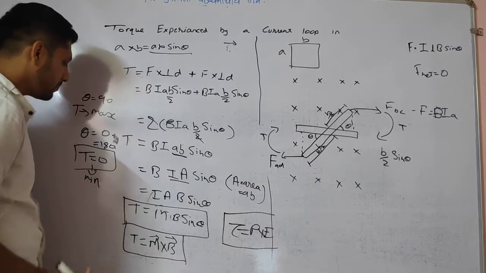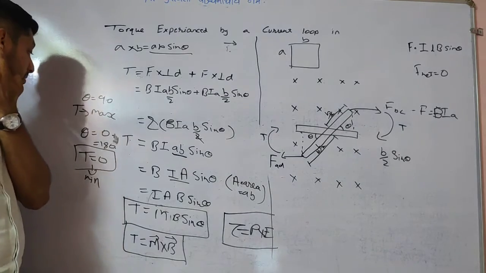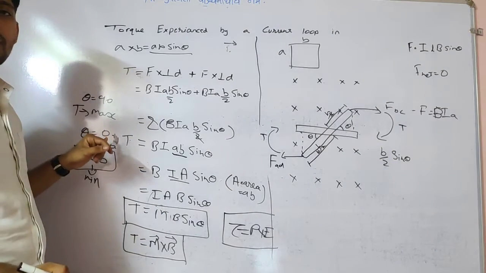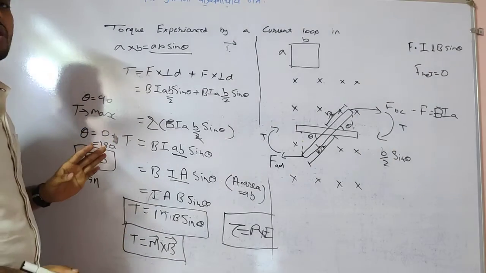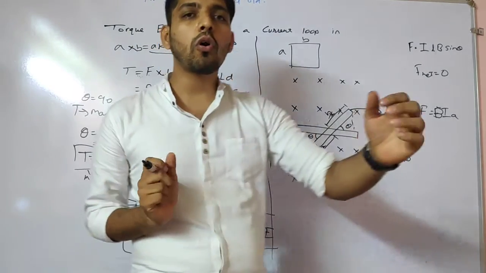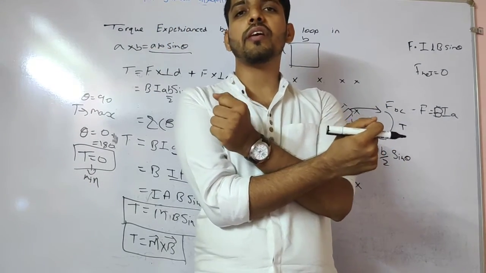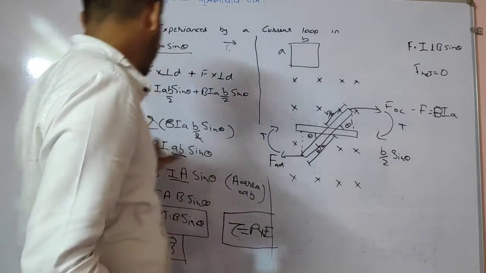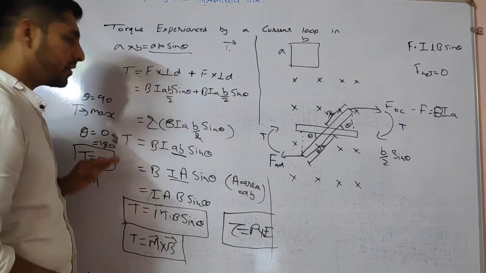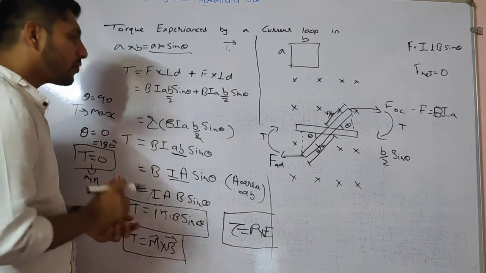So there are two things. At 0 it was stable equilibrium, at 180 it is unstable equilibrium. Why? Because you have already rotated in whole direction, so it will try to reverse itself. So you can say it is unstable equilibrium at 180 degree. That is out of your syllabus, not required right now.